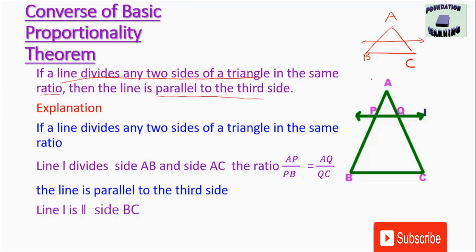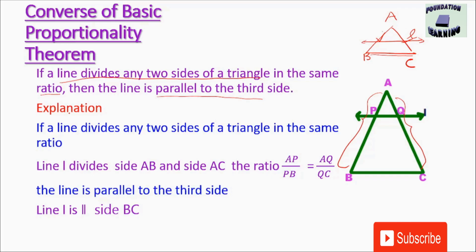Which sides? AB and AC. So it's dividing these two sides in the same proportion. If it's dividing in the same proportion, then the line is parallel to the third side. So which are the first two sides? The first side is AB, the second side is AC, and the third side is BC. So the line L is parallel to which side? It's parallel to the third side, which is BC.